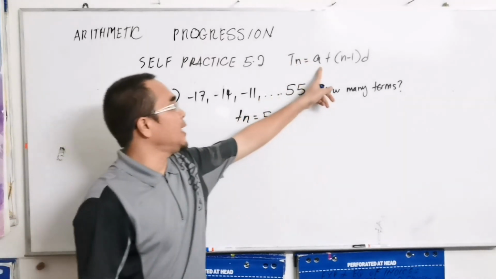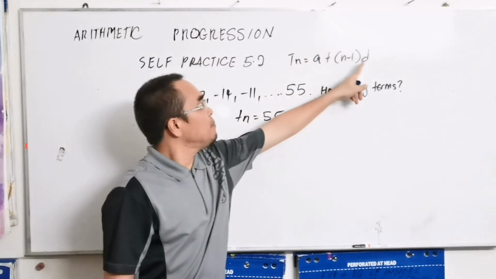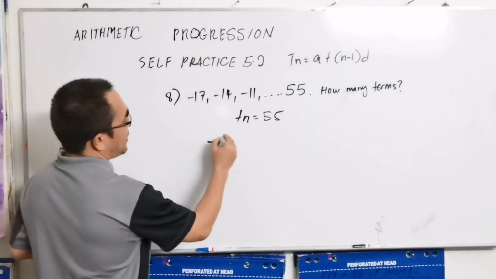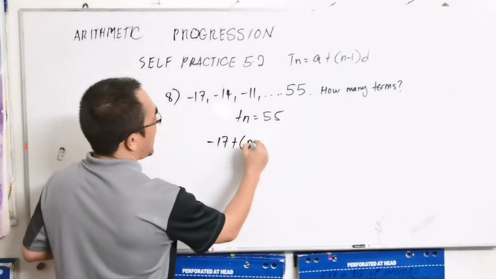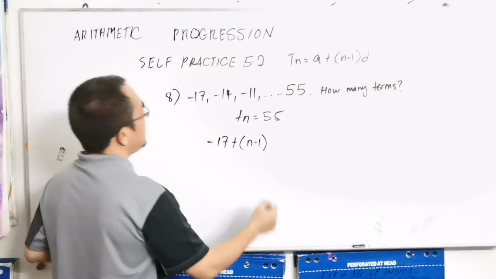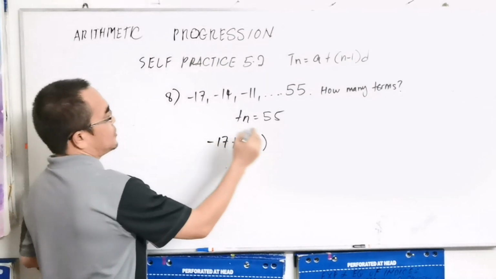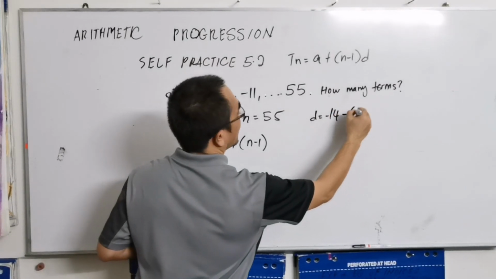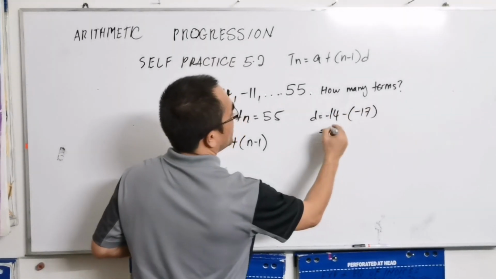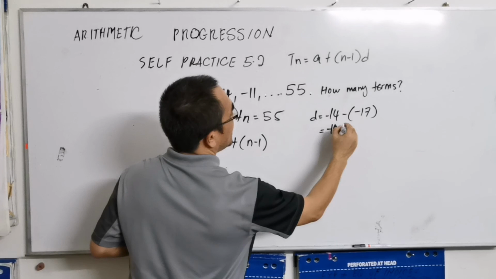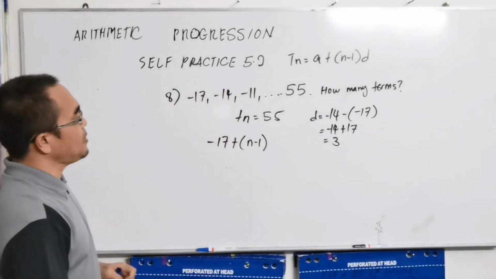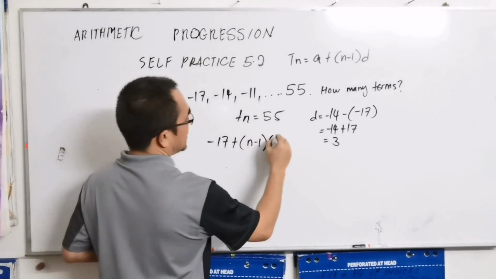Substitute A, we do not know N, but we know A and D. So A will be negative 17 plus N minus 1. D will be negative 14 minus negative 17, which will be negative 14 plus 17, which is 3.